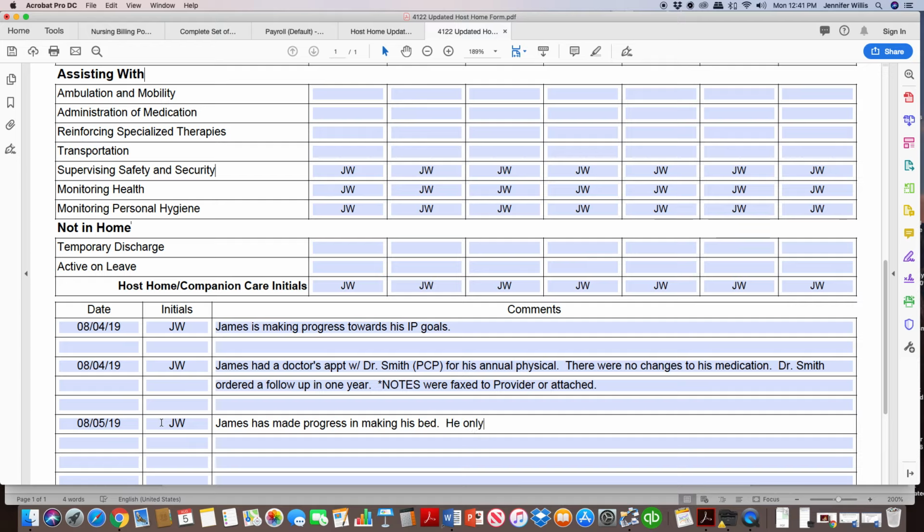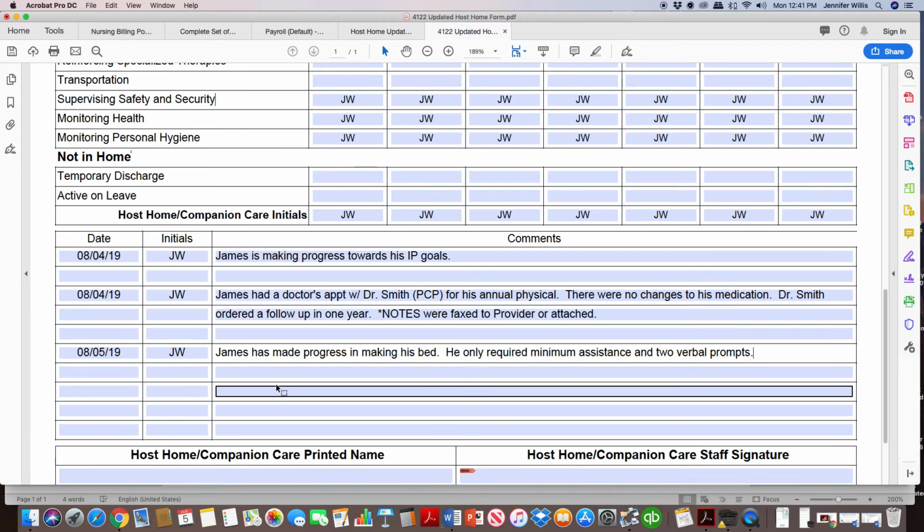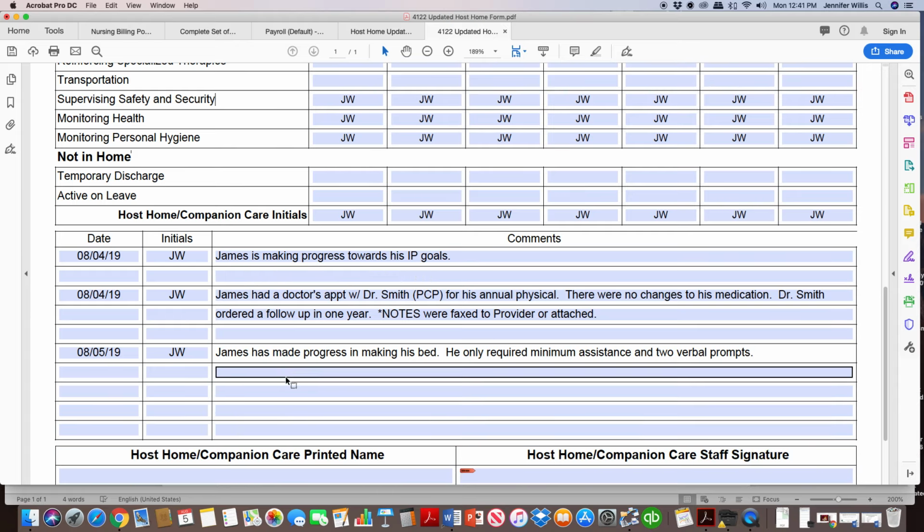He only required minimal assistance and 2 verbal prompts. Okay, so this is what your notes would basically look like. They don't have to be very long, but definitely we want to be detailed and kind of straight to the point.